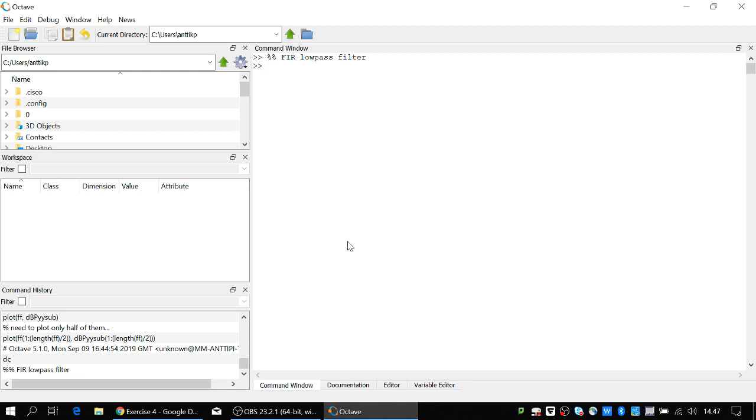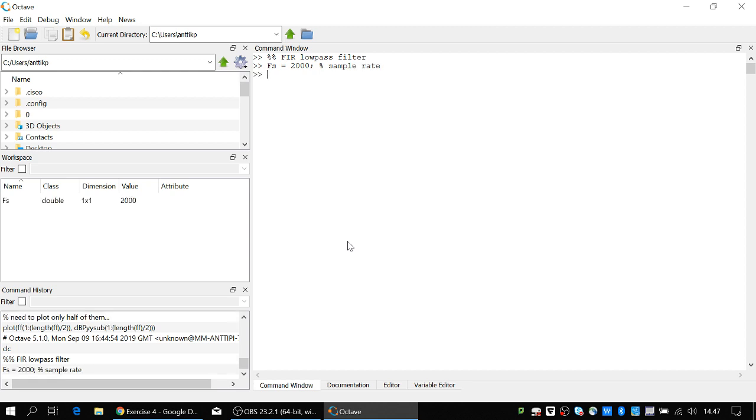First, I need to start from somewhere. So let me first get some values here, like sample rate equals 2000 Hertz. So this would be a data logger system or something like that. Then on this filter, what I would like to have next is the cutoff frequency. Let's make a low pass filter with a cutoff frequency of, say, just for fun, 250 Hertz.